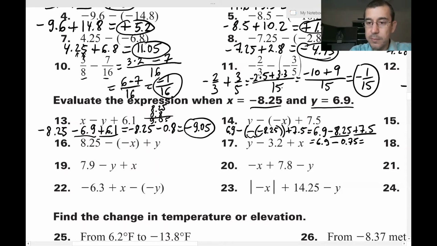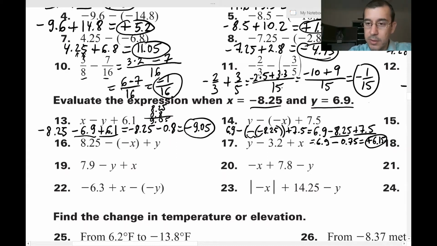Or this is equal to, which one is greater, 6 or 0? 6, so plus, and then 6.9 minus 0.75. It's basically 5.9, and then you add 0.25 to it, so 6.15.